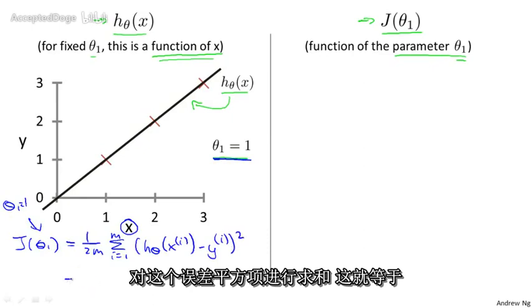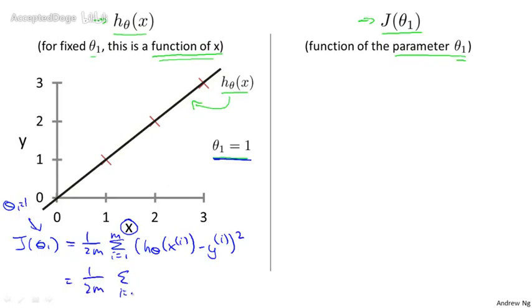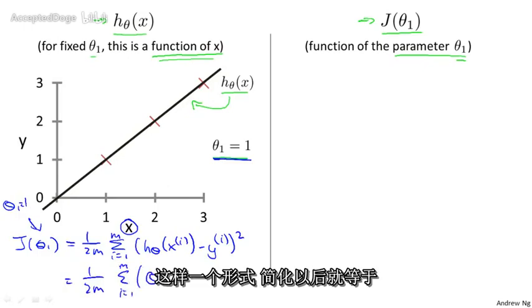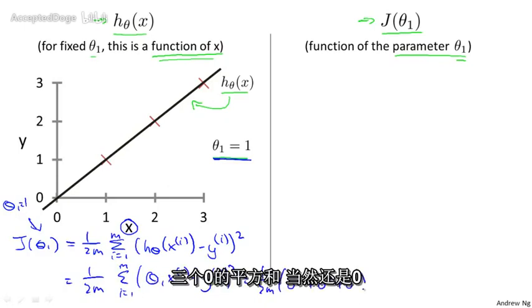And this is therefore equal to the sum of theta 1 xi minus yi, squared. And if you simplify, this turns out to be 0 squared plus 0 squared plus 0 squared, which is, of course, just equal to 0.